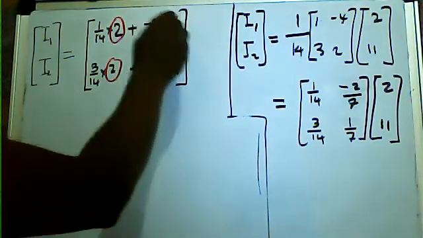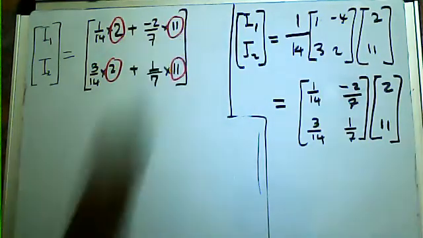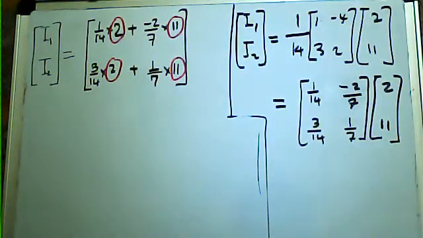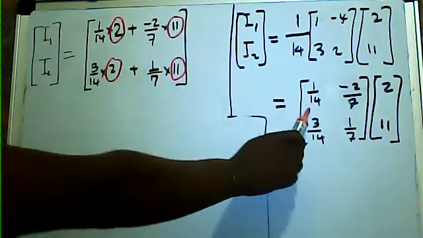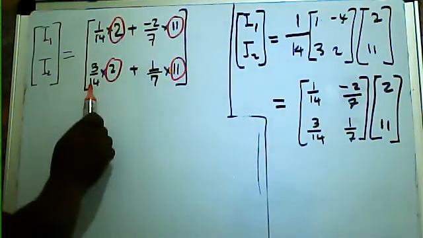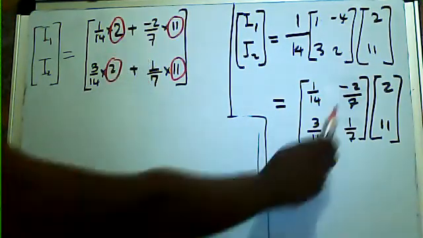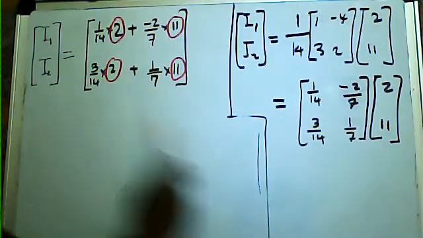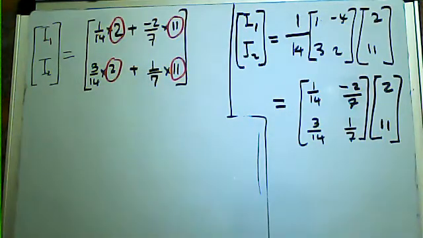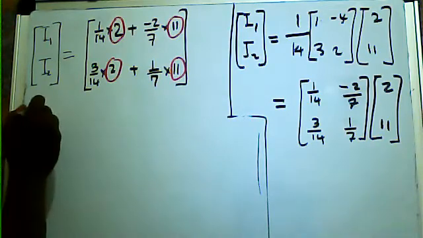Here there is an 11, even here there is an 11. Nothing changes. This 1/14 is this 1/14 here. 3/14, 3/14 here. -2/7, -2/7. 1/7, 1/7. We proceed.